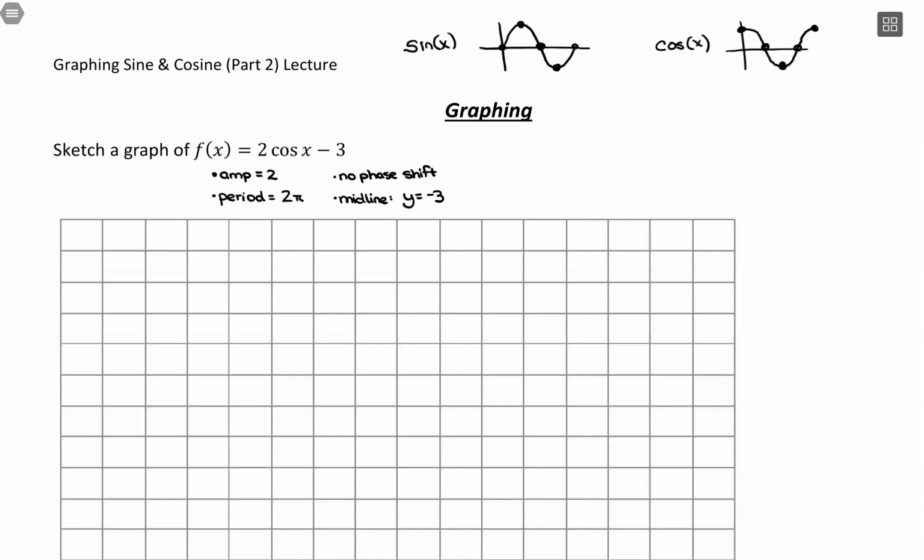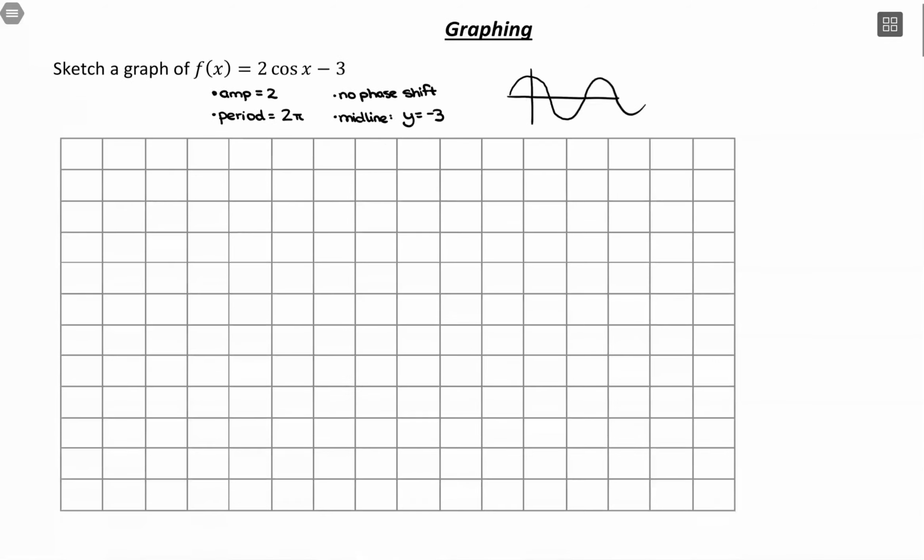So this first one is cosine. I'm just going to make a sketch over here of what cosine looks like, so I have an idea of the general shape, and then I can apply all of the other movements to it. We always want to see the origin in our graph.